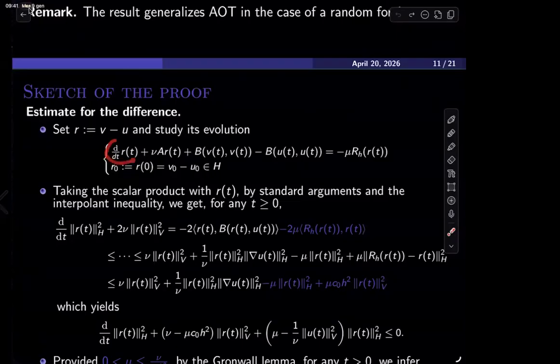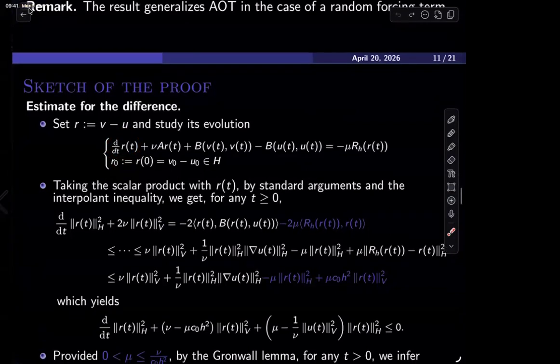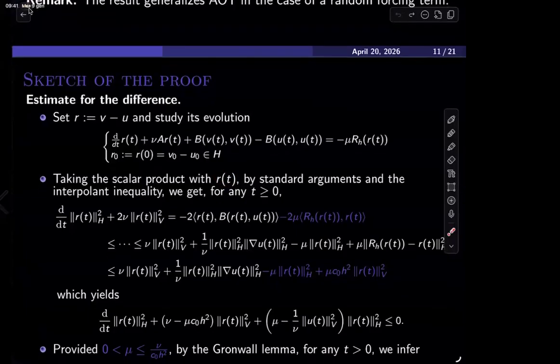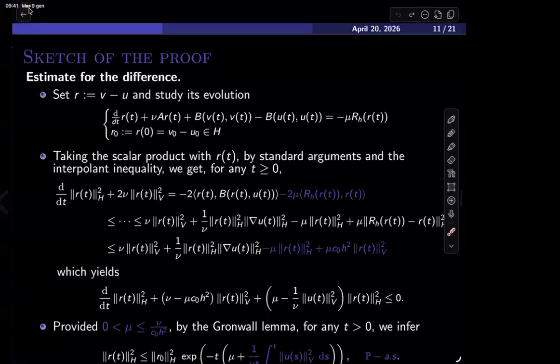Once you have the equation for the evolution of the difference, you take the scalar product with R, and by standard arguments, you are able to obtain an equation for the squared H norm of the difference. These are classical estimates that you do for the Navier-Stokes equation. But what is the crucial point?